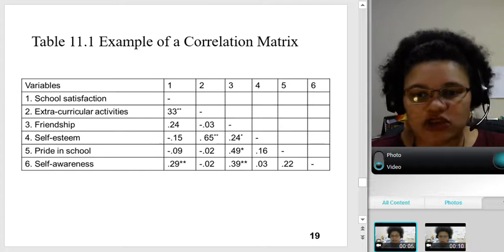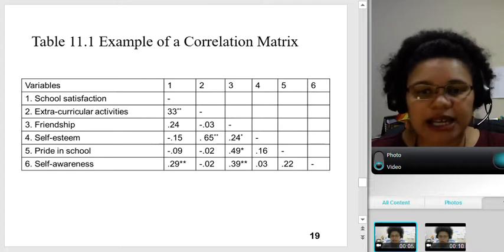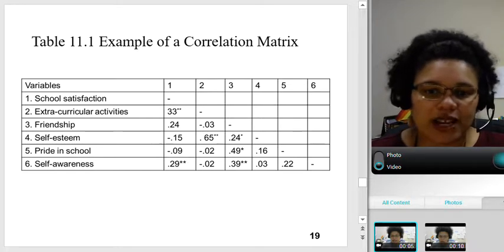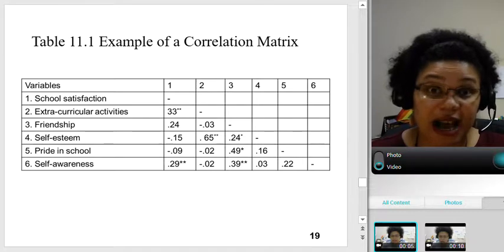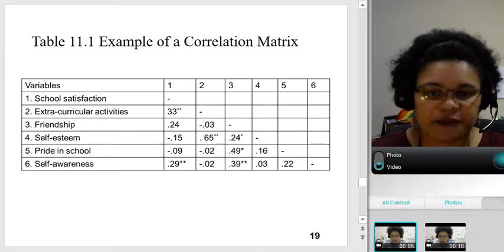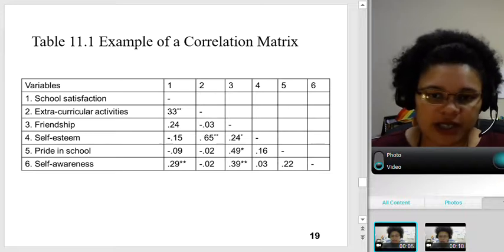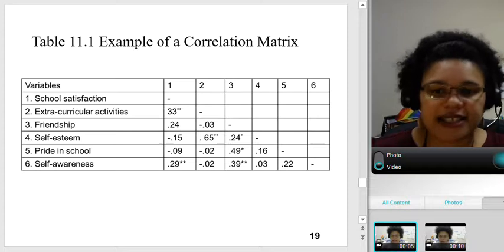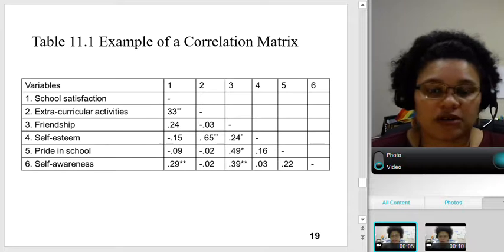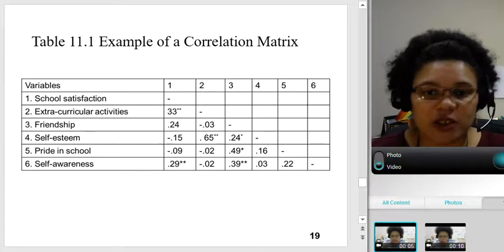And you have this triangle shape because one is school satisfaction. We see school satisfaction has a moderately strong association with extracurricular activities. One represents school satisfaction. So if I just read this down, friendship also has a moderately strong association with school satisfaction.